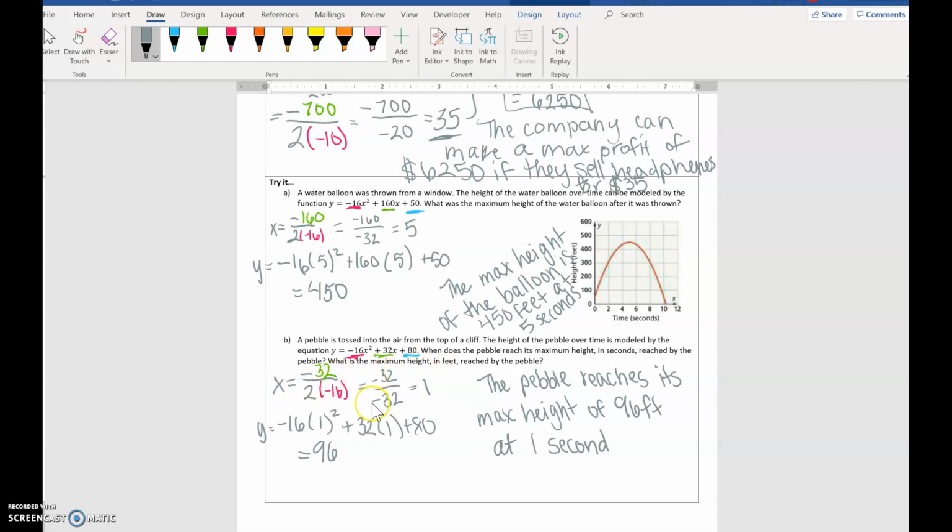So it's going to reach the maximum height at 1 second. And then to find the actual height, we're going to plug in 1. So we have negative 16 times 1 squared plus 32 times 1 plus 80. And when we simplify that, we get 96. So the pebble reaches its maximum height of 96 feet at 1 second.